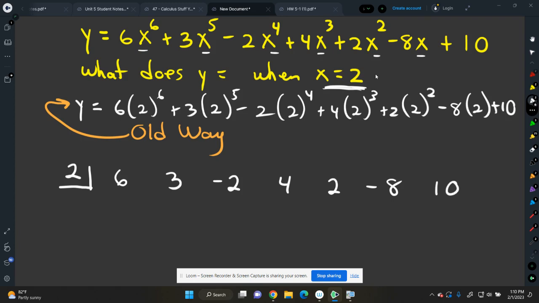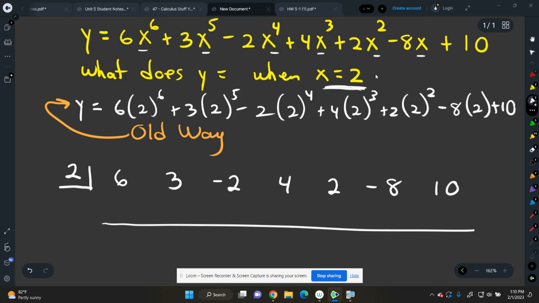We're going to do the exact same thing that we did before. The only difference is that we're using the 2. We do not change it. We don't take the opposite. We use the number just the way it is. So we bring down your 6. And then what? Multiply. So we get 12.